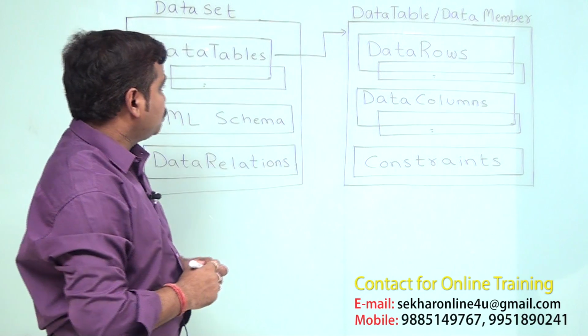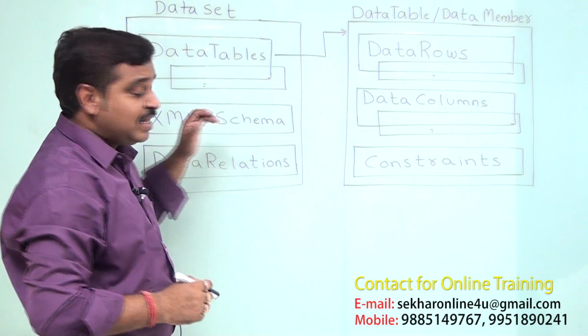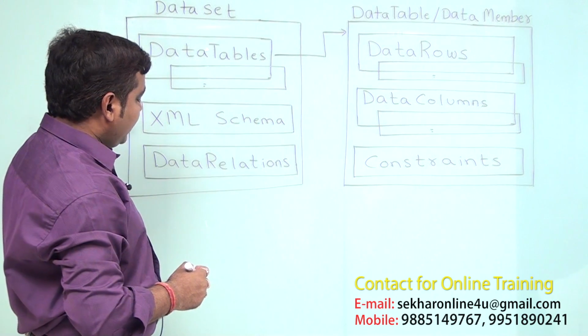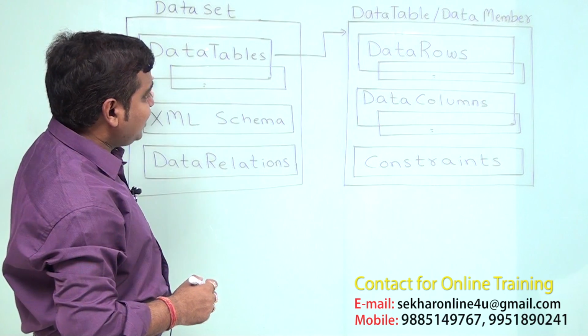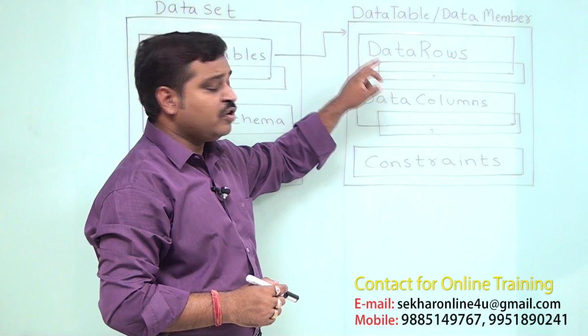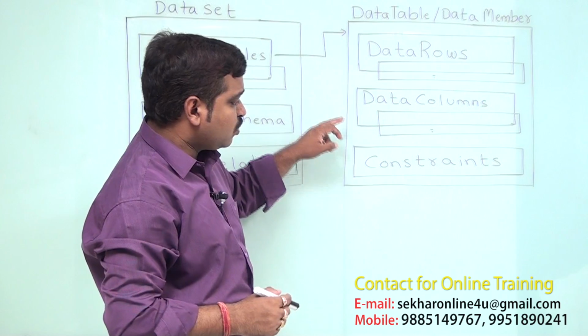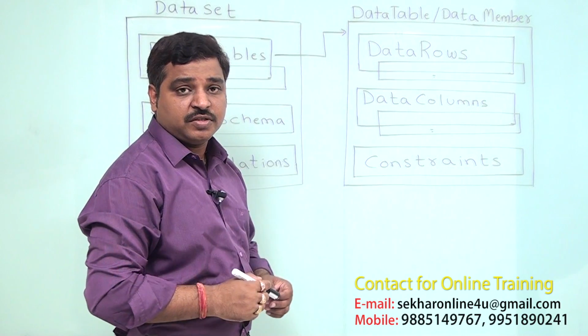So we can assume that a data set is a collection of data tables, XML schema and data relations, where a data table can be a collection of data rows, data columns and constraints.